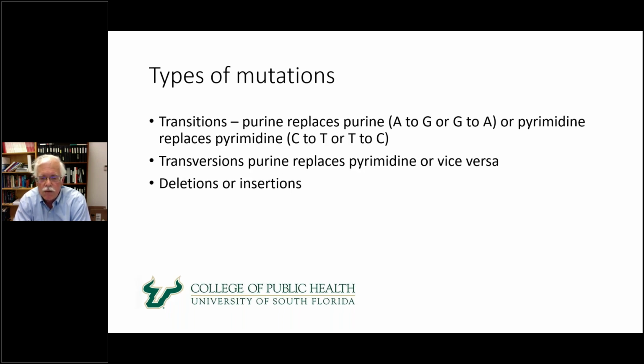So for the mutations that we're talking about, the mutations that are made by the RNA polymerase, there are really three different types of mutations that you can have. Transitions are the easiest ones to make, which are a purine replacing a purine. A purine nucleoside has two rings that are interlocked, one 6-component ring and one 5-component ring.